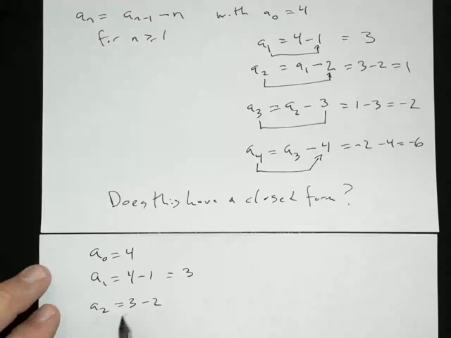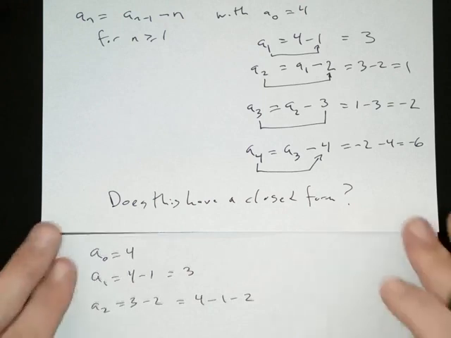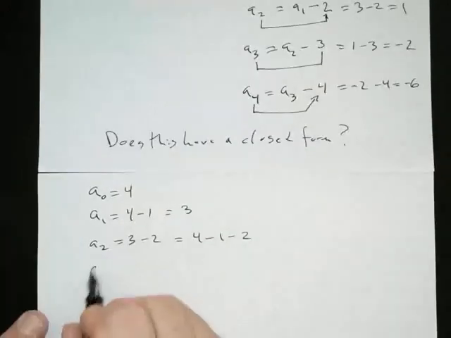Where the 2 came from the fact that this was n equals 2, and the 3 came from the line before. Yes? But the 3 coming from the line before means I could actually write this as 4 minus 1 minus 2. Isn't that where I got the 3? I got it from the line before. Well, if I do that again, what's A3?